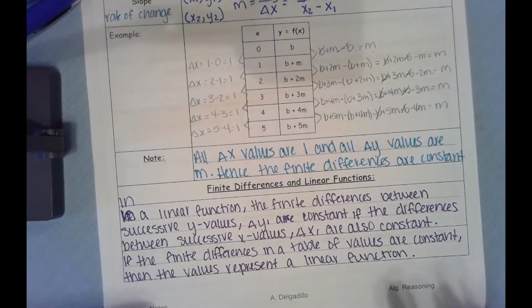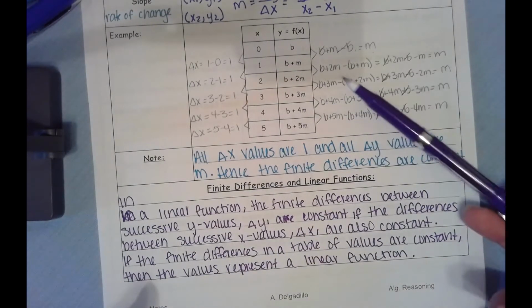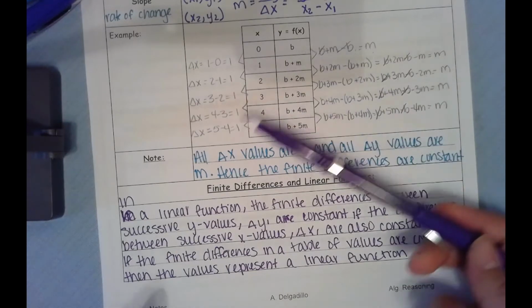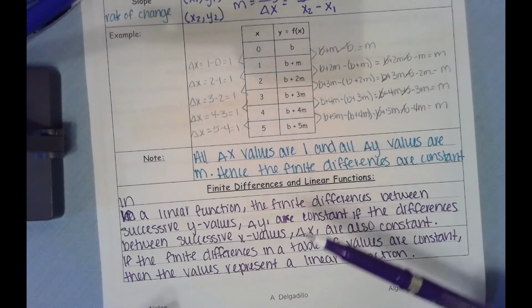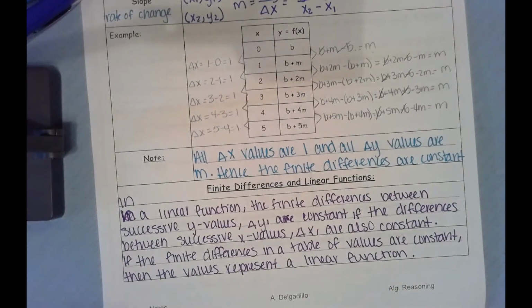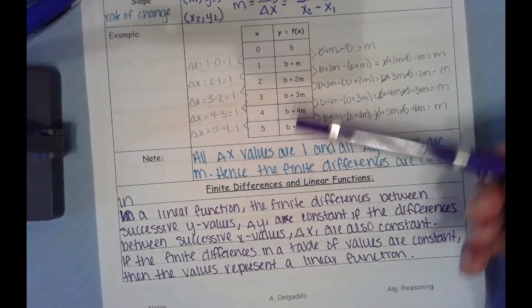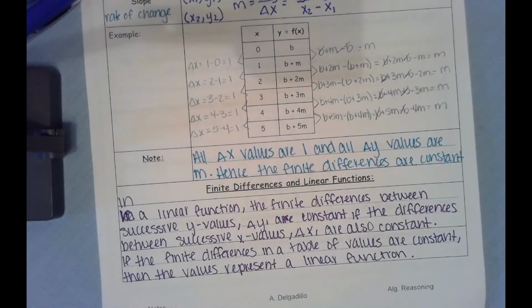And again, all this is saying is that if all your delta y's are equal to the same thing and all your delta x's are equal to the same thing, then you are a linear function because you have the same exact rate of change throughout the whole entire function, and linear functions have the same exact rate of change.